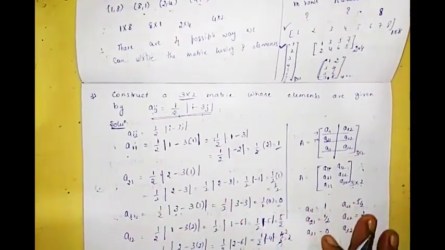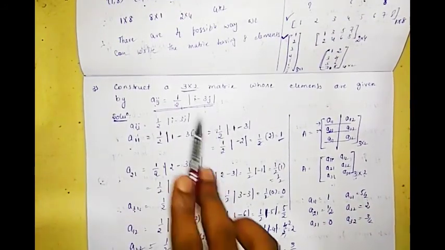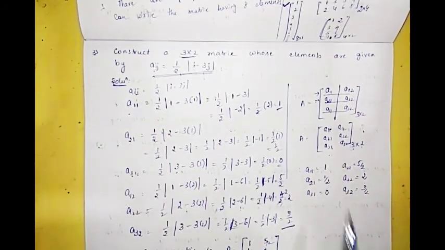Finally we get the matrix of order 3 by 2. This is how we get the matrix if we construct it according to this condition.